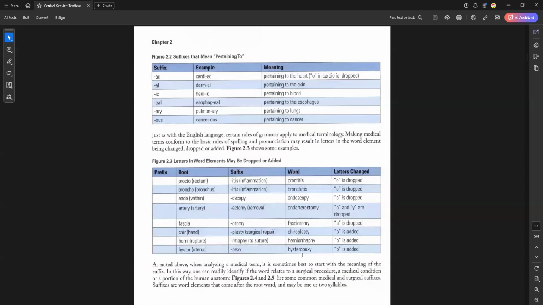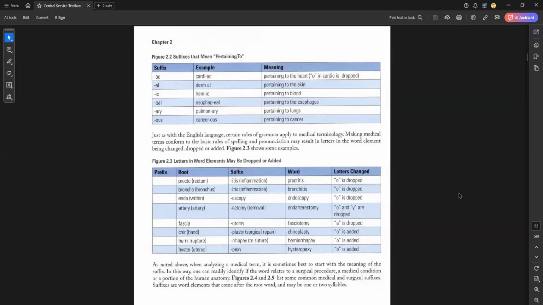All right. So we have some examples here again, pertaining to suffixes, and in this area, it is only by practice. We can go through everything, I bet you. But if you don't practice, you are not going to understand. You see, ac, figure 2.2, suffixes, that means pertaining to. IC, cardiac. It is cardio, but then the O, remember the combining vowel, the O is dropped.